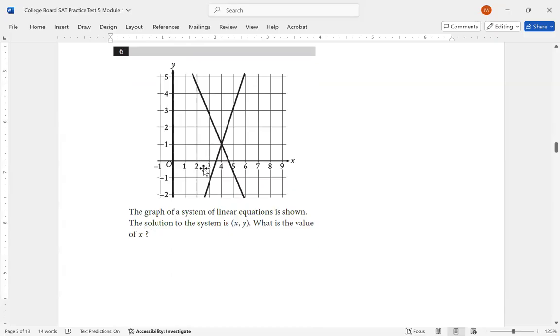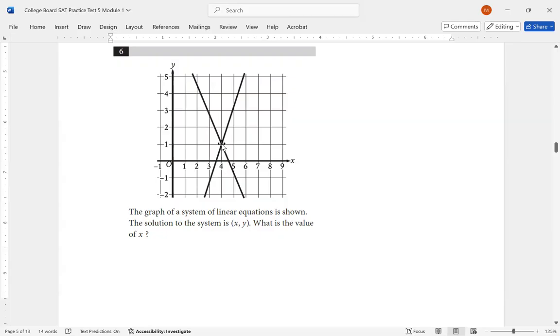Question number 6 says the graph of a system of linear equations is shown. The solution to the system is x comma y. What is the value of x? Well, we can see that these two lines cross at the point 4 comma 1. And that means the x value is 4.